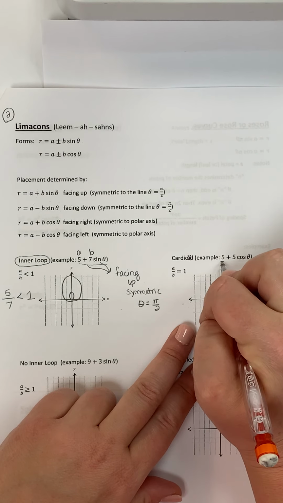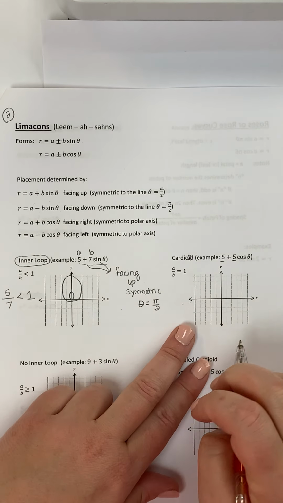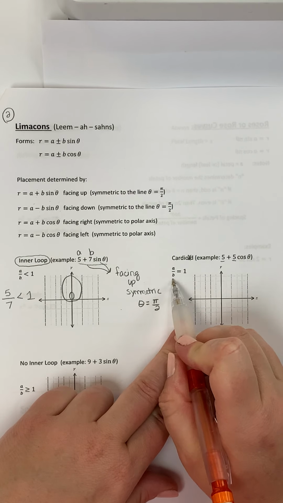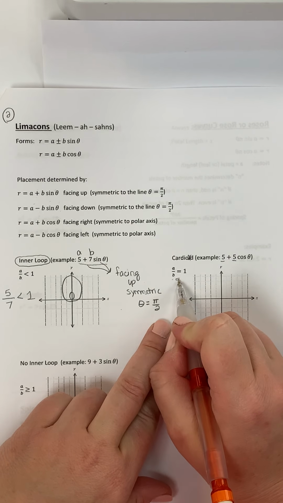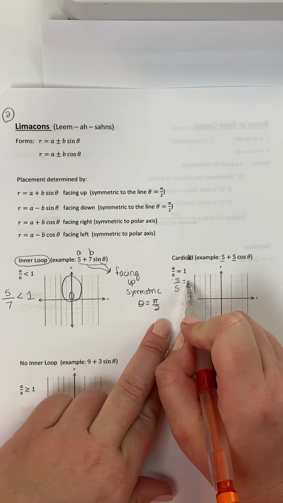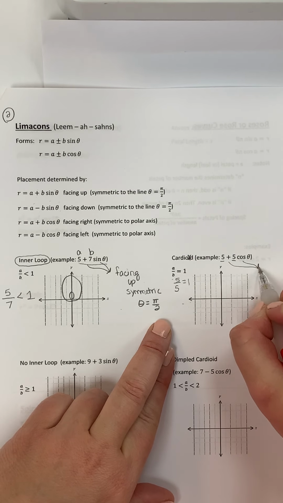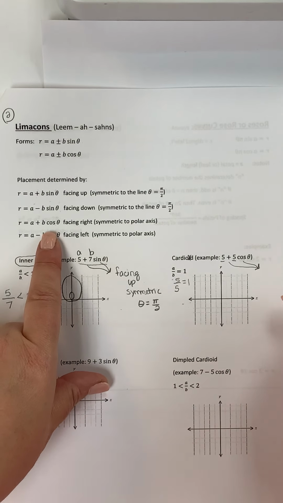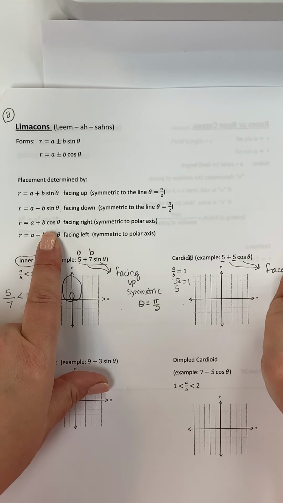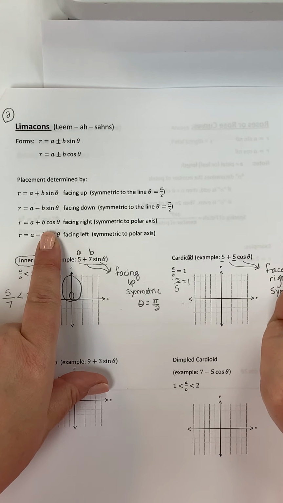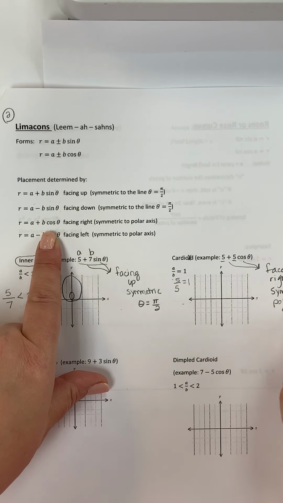This occurs when A and B are exactly the same, so that when you make a ratio of them, they reduce to 1, okay? Now, based on the plus and the cosine, our cardioid is going to face right, and it's going to be symmetric to the x-axis or the polar axis, okay?